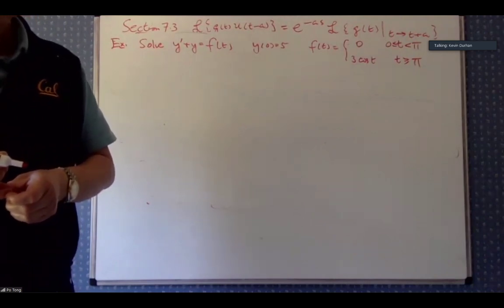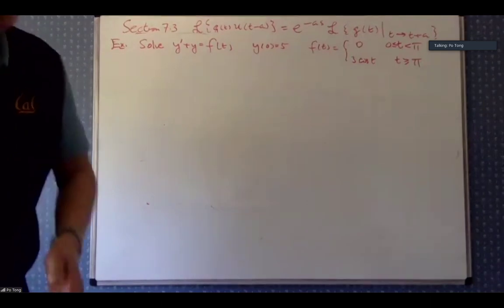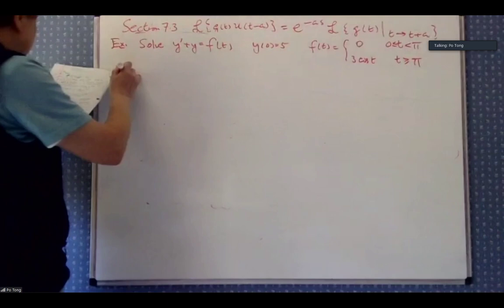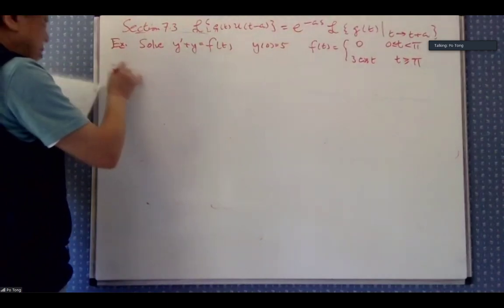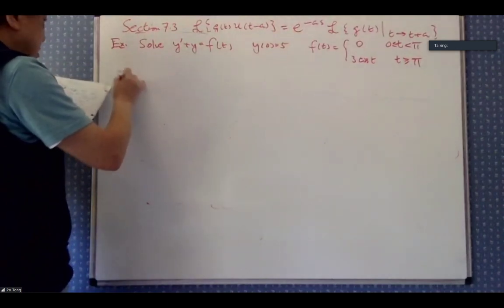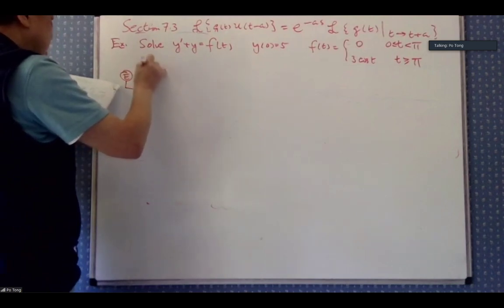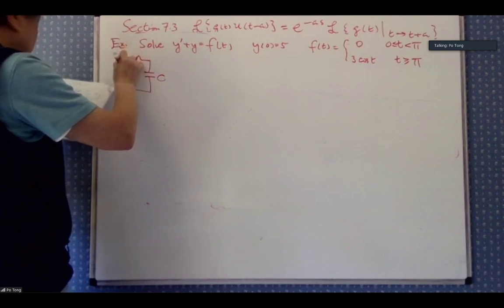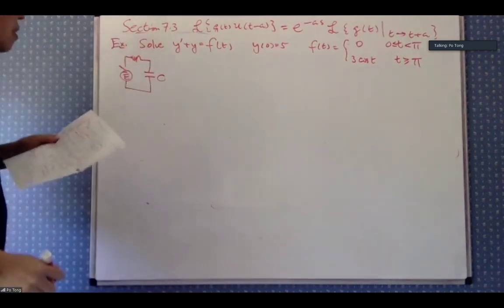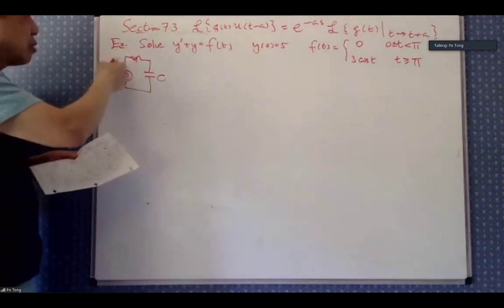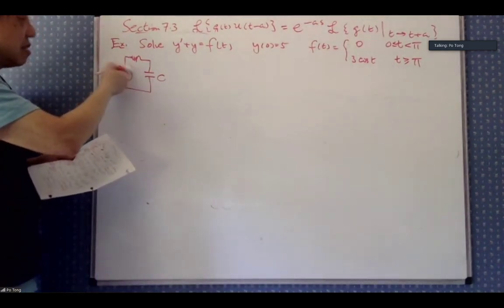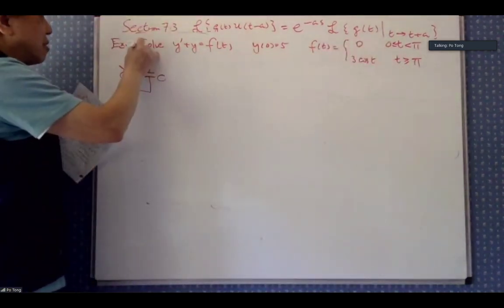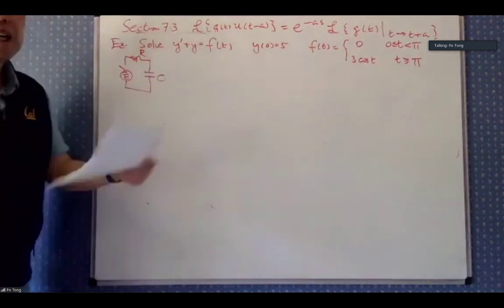Okay. So you can think of this as, I'm not going to go into the detail, but in circuits there's some capacitor, some resistor, and there's a switch here. At the beginning this switch is off, so the input is 0. You have some charge in the capacitor, and it is being discharged through the resistor.